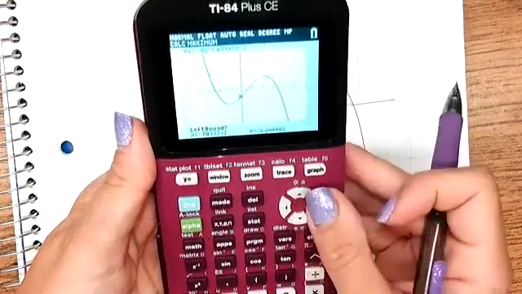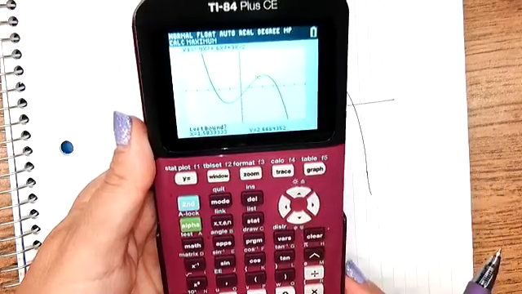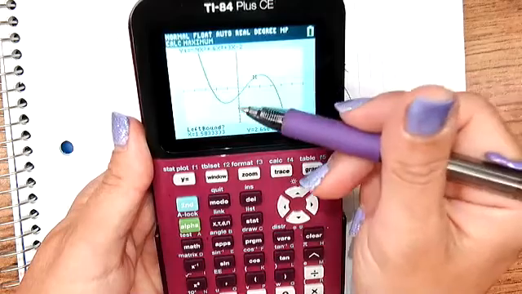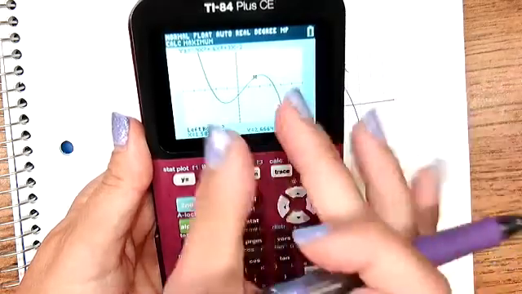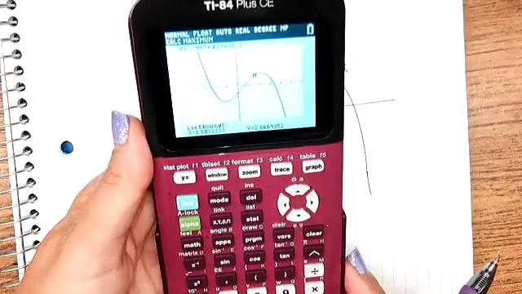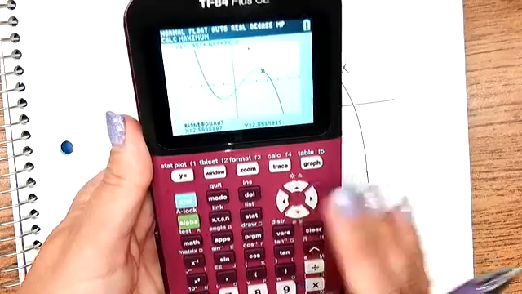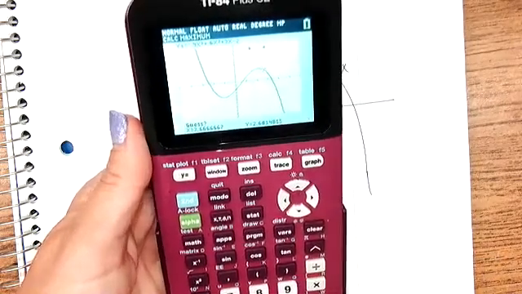I'm going to hold my arrow key to get somewhere to the left of the max point. How far left? It doesn't matter. I wouldn't be super far away, but it doesn't really matter how close you get, as long as your left bound is on the left of the max and your right bound is on the right of the max.